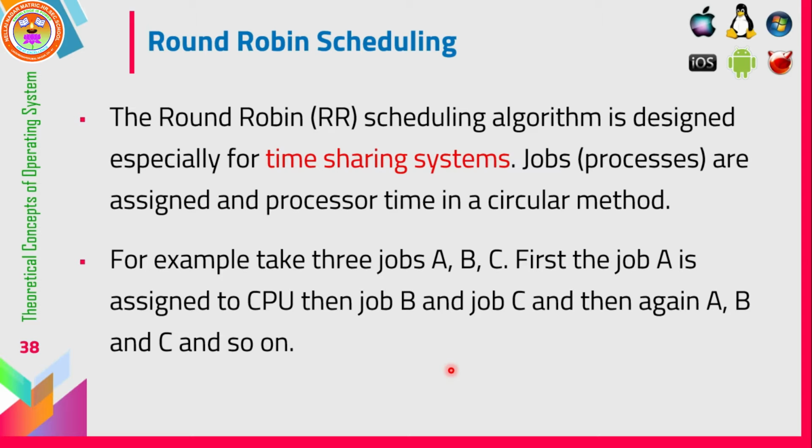For example, take 3 jobs A, B, C. First job A is assigned to the CPU, then job B and job C, and then again A, B, C and so on. So as per the time sharing option, you can allocate the jobs in the round robin scheduling algorithm.